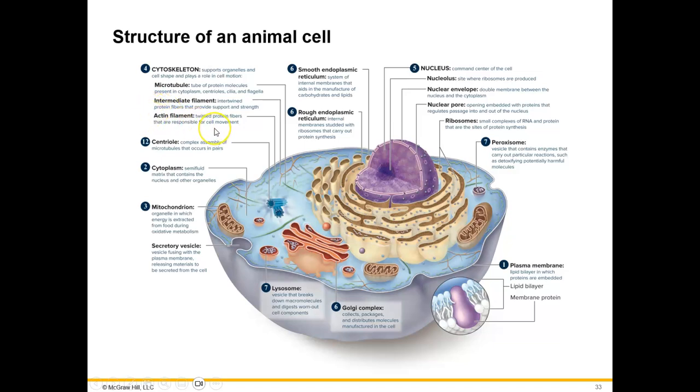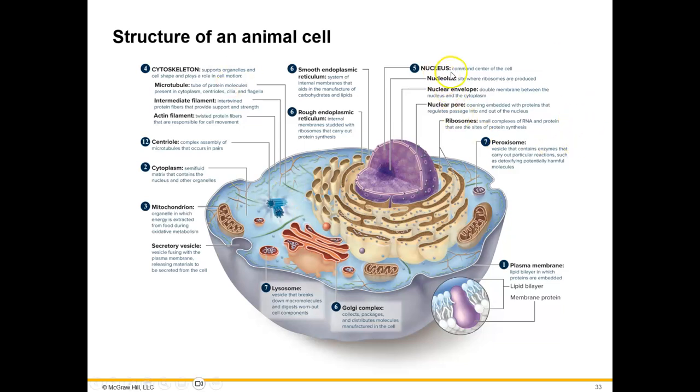And then actin filaments, which are twisted protein fibers that are responsible for cell movement. These cytoskeleton elements, the actin filaments, are able to almost squeeze and release in a specific rhythm that's going to allow for cell movement.